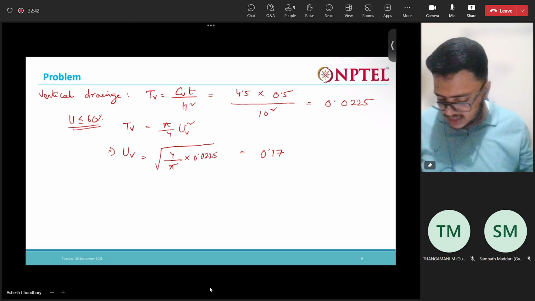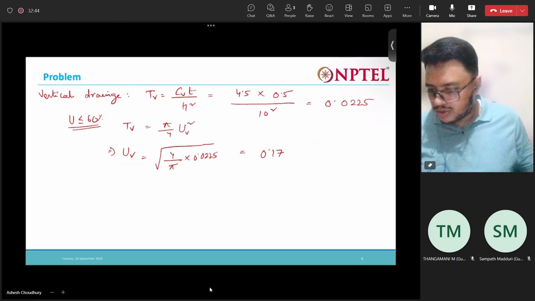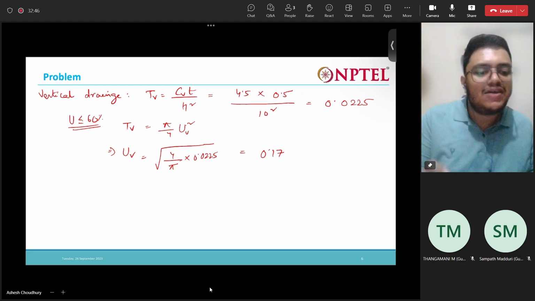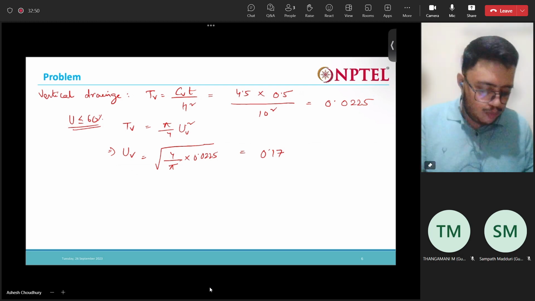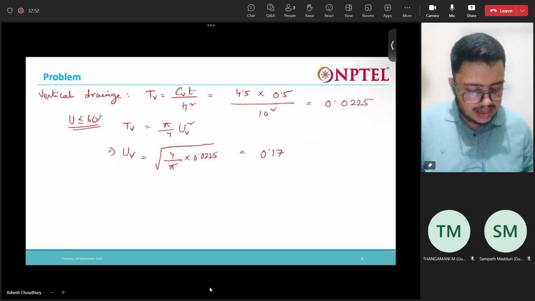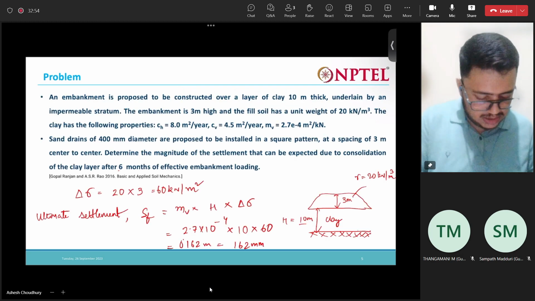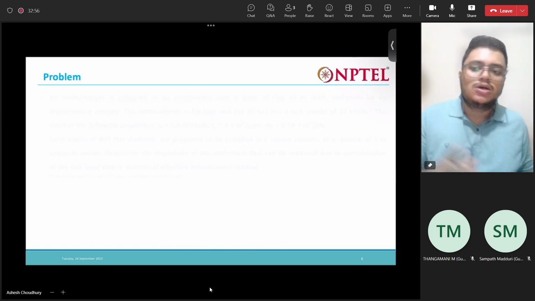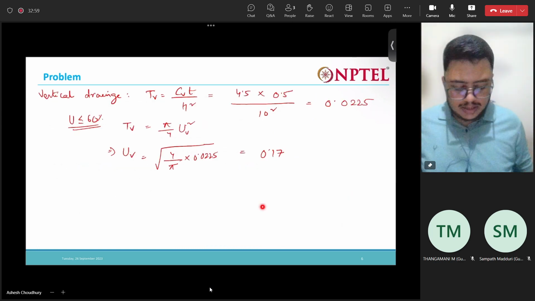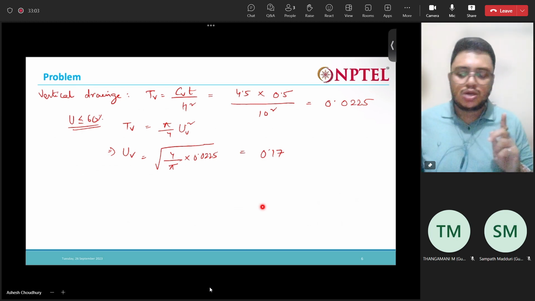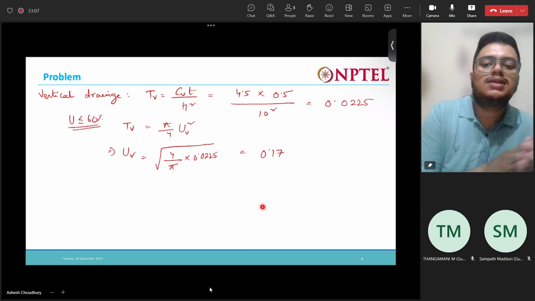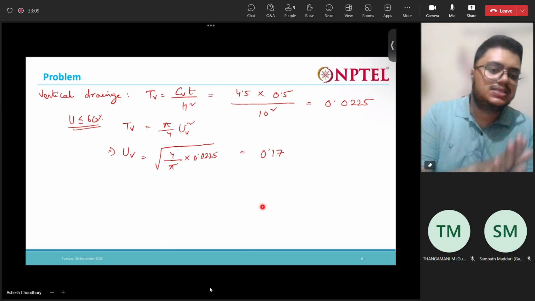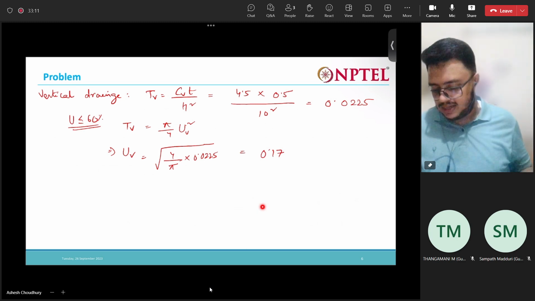How did I get this 27.5? 0.17 times the total ultimate settlement 162 gives me 27.5. So only 27.5 mm settlement is going to occur in 0.5 years, that is in 6 months, if there is only vertical drainage.